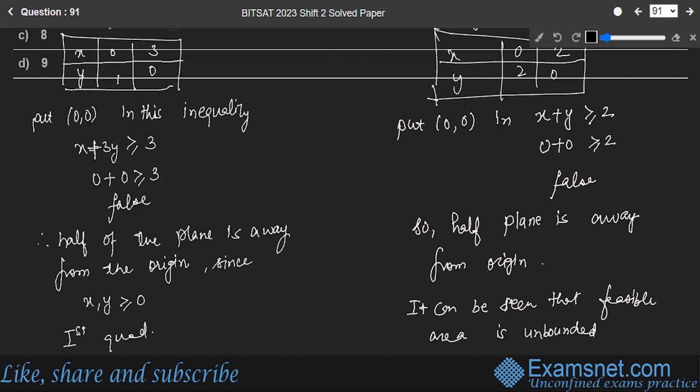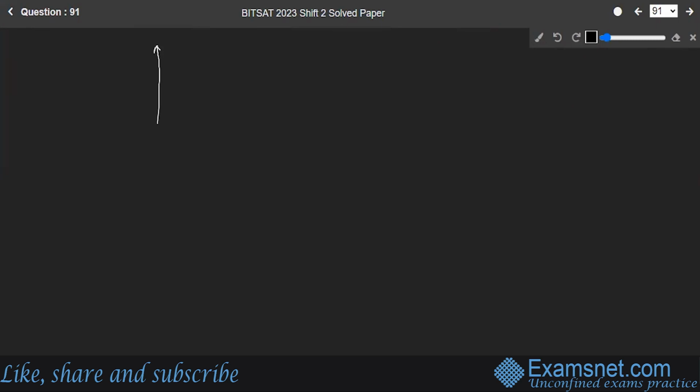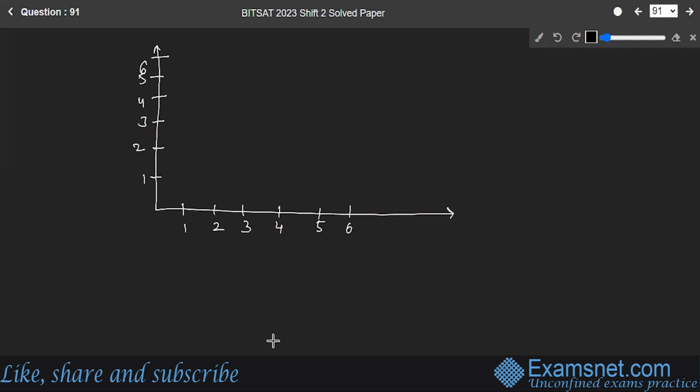See from here, I plot the graph now. So this is your axis. Over here, first of all, I plot the points 1, 2, 3, 4, 5, 6 on both axes.